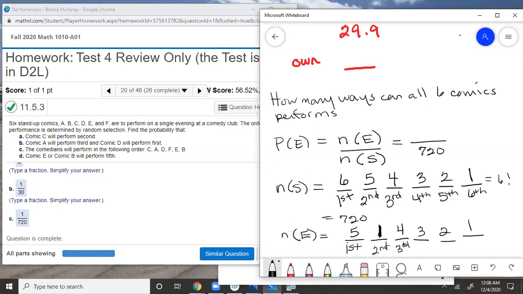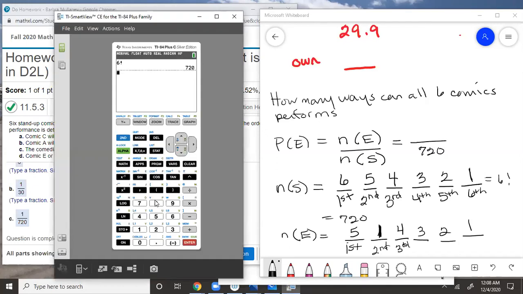So the total number of ways that comic C can go second, let's put this on our calculator, is 5 times 1 times 4 times 3 times 2 times 1. And that's 120. It's also 5 factorial, by the way.